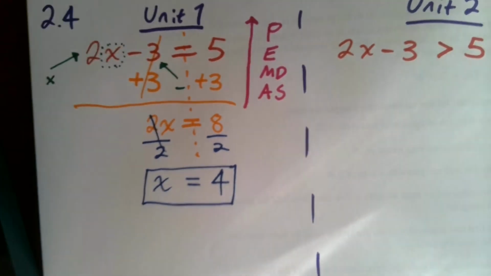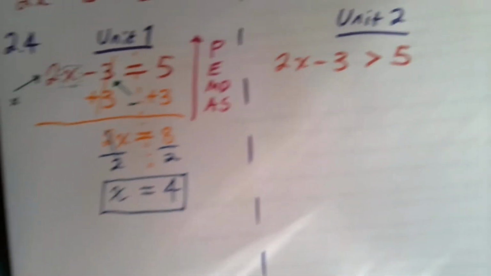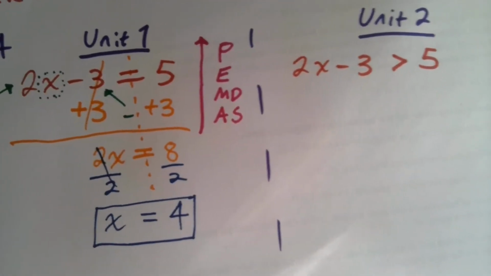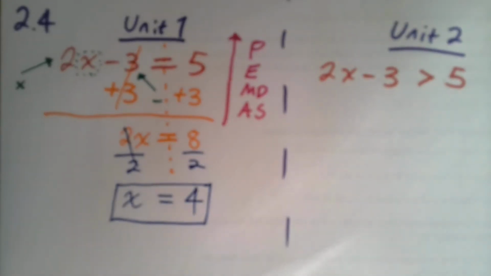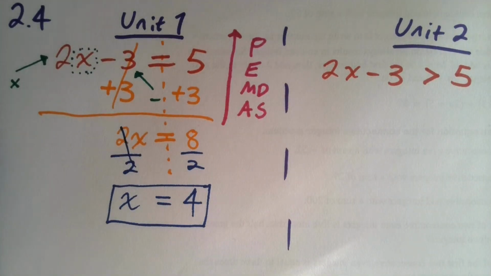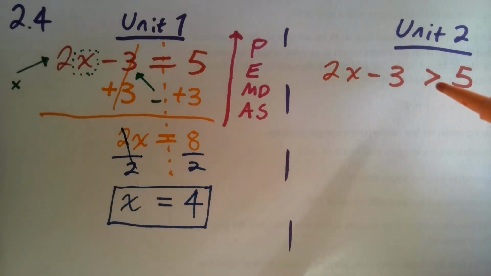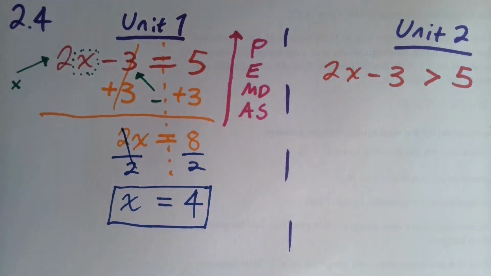But if I take a look at this problem here in Unit 2, I mentioned that we have everything we need to solve this problem. What I mean by that is this. The steps to solve these problems are the same in both units. There's no difference. The only difference is this symbol. And we know how to deal with this symbol. We know to keep it the same throughout, unless we're multiplying or dividing by a negative number.